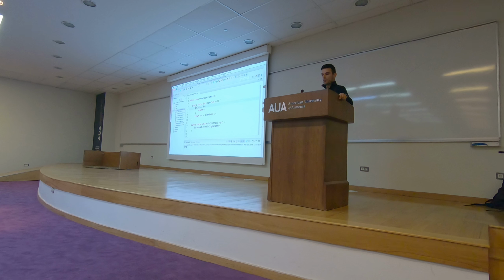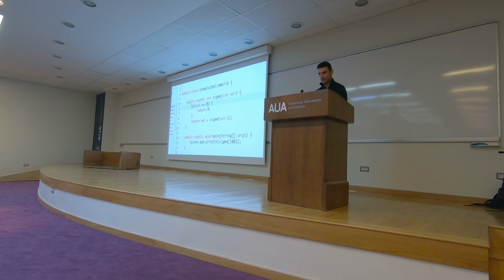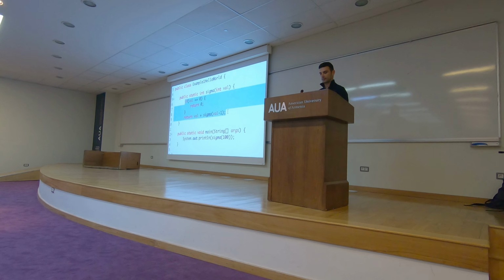How would I do the same thing, let's zoom in, using a for loop? For int val is equal to 0. But I already have a variable called val.